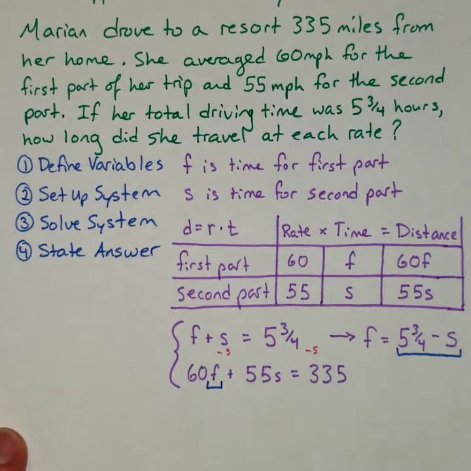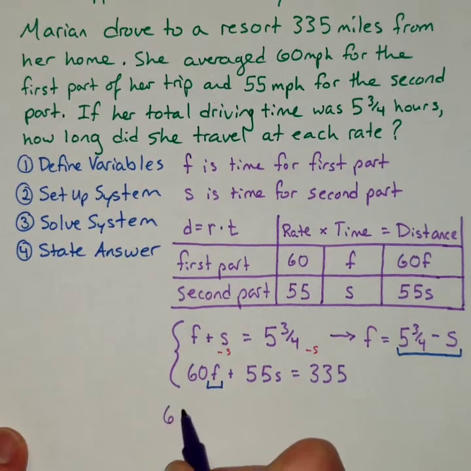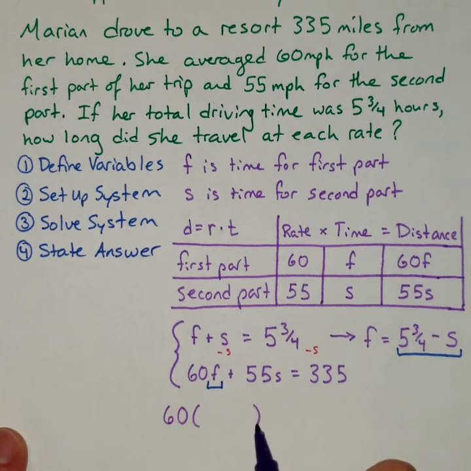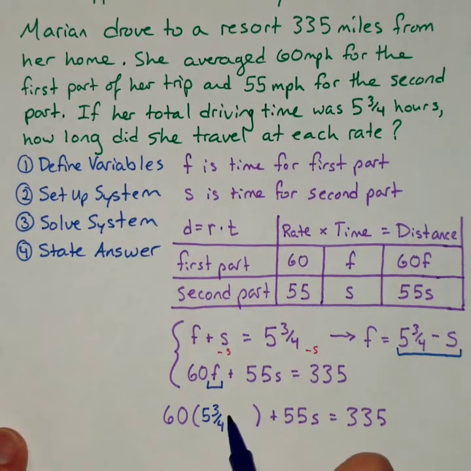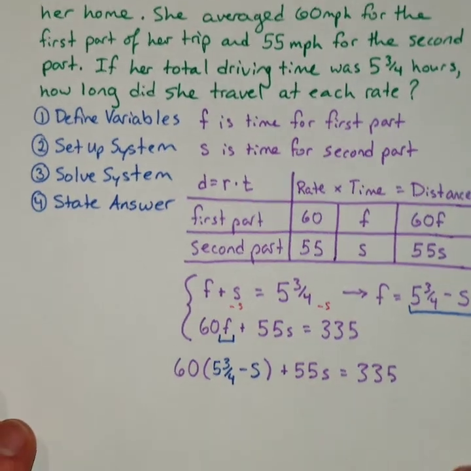That's our substitution step. So I'm going to rewrite this as 60 times that new expression plus 55s equals 335. And in those parentheses, I'm going to write 5 3/4 minus s.